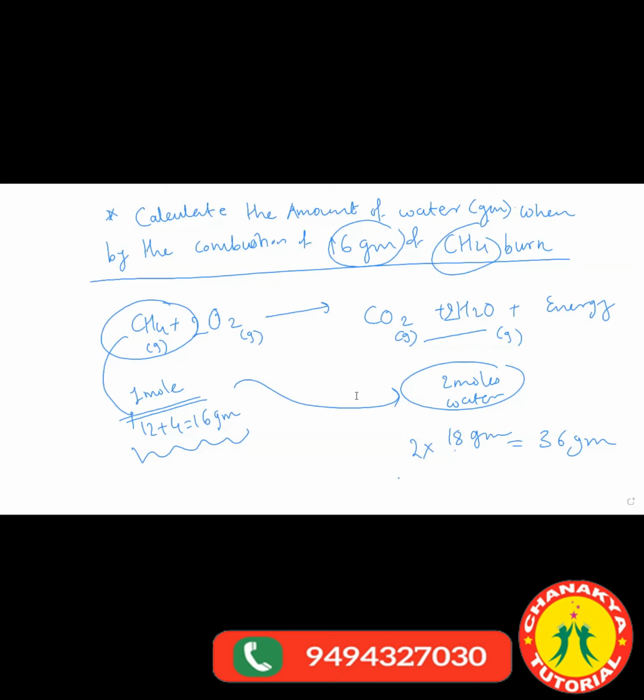See what is given to you in this second problem. How many moles of methane are required to produce 22 gram of carbon dioxide in a gaseous state after combustion? Write down the problem.